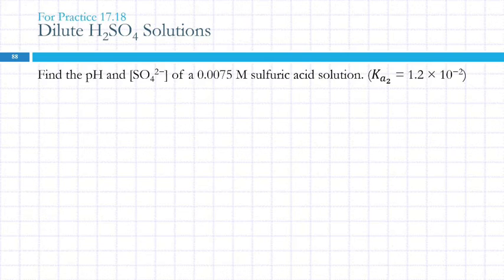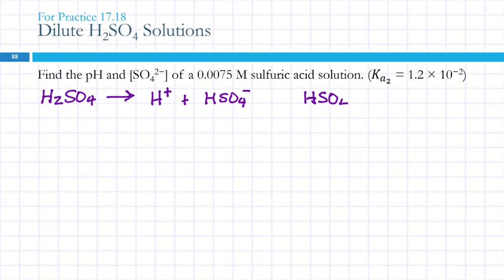So sulfuric acid, the first ionization is complete. So we get H plus and HSO4 minus. The second ionization will be HSO4 minus ionizing to form H plus and SO4 2 minus.